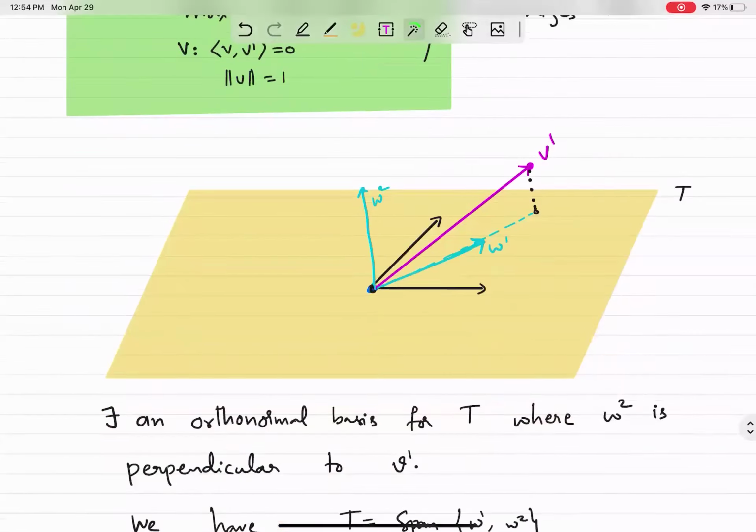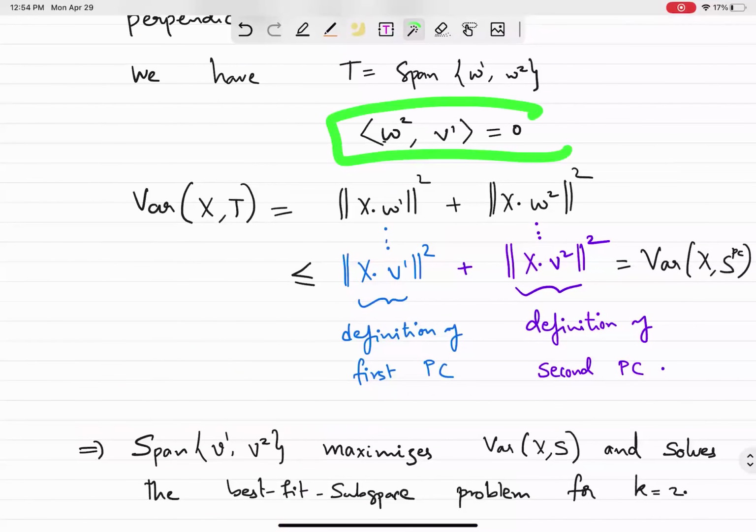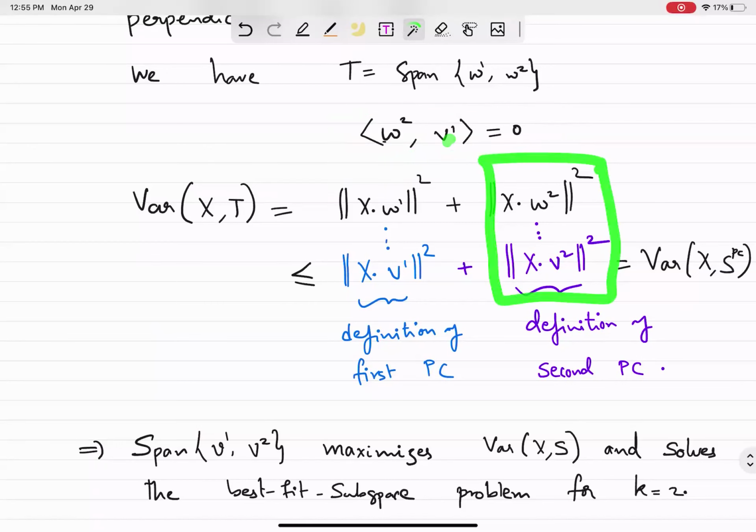Since we have that W2 is perpendicular to V1, we get this comparison. So x dot W2 is less than or equal to x dot V2, because both of them are perpendicular to V1, and among all vectors perpendicular to V1, V2 is the one that maximizes the inner product. If we didn't have this, we wouldn't be able to make this comparison.